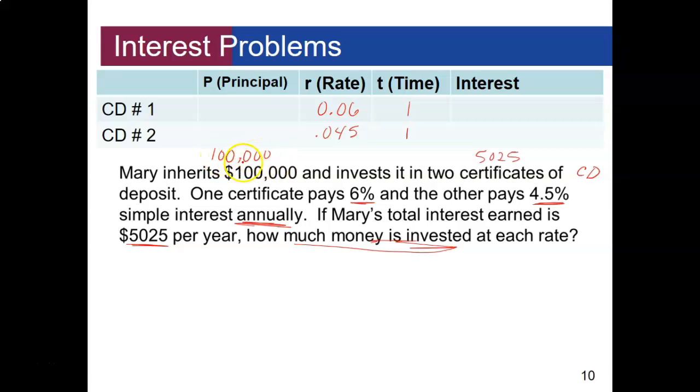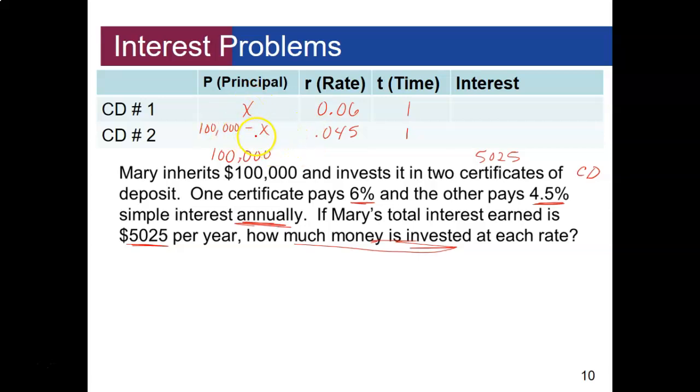She inherited $100,000 and used it to invest in the CDs, and we want to know how much was in each. So we're going to let x be one of the CDs. Then 100,000 minus x represents the amount she puts in the other CD.